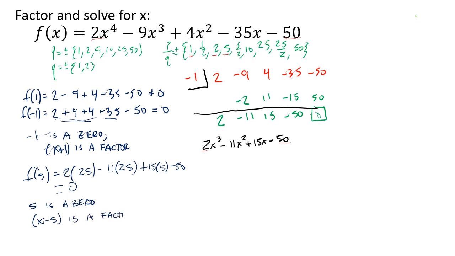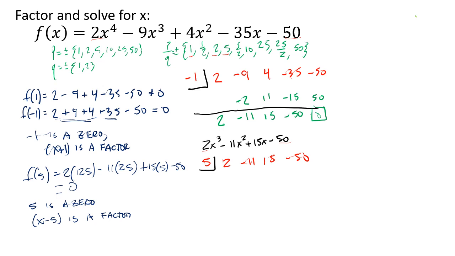Okay, so what we've got then is this new synthetic division that we're going to do with this condensed polynomial and 5 in the box, and our new coefficients of 2, negative 11, 15, and negative 50.